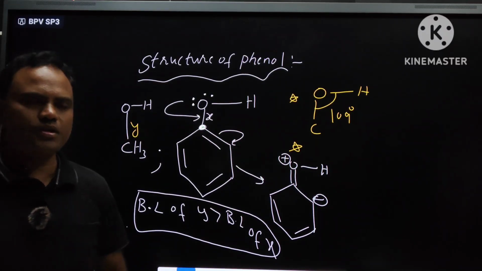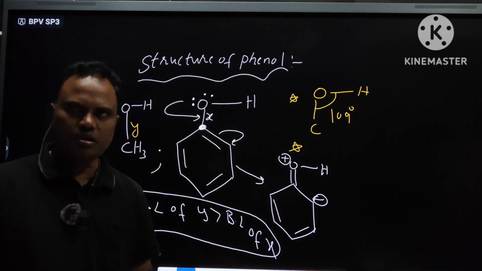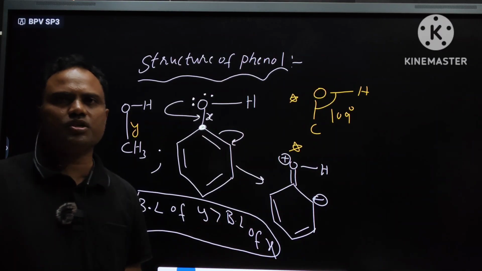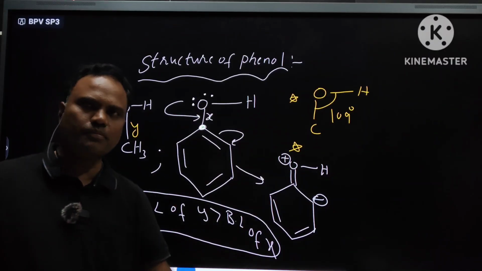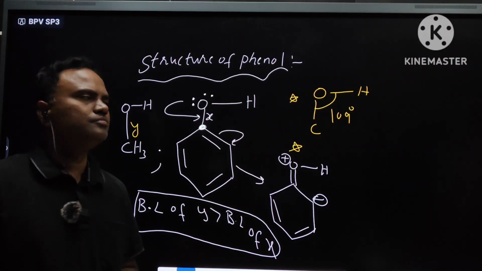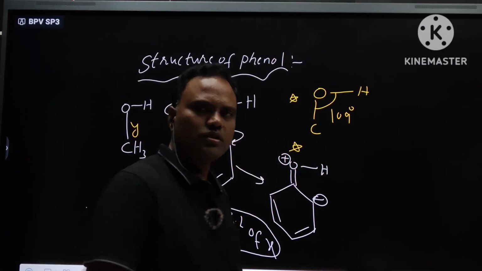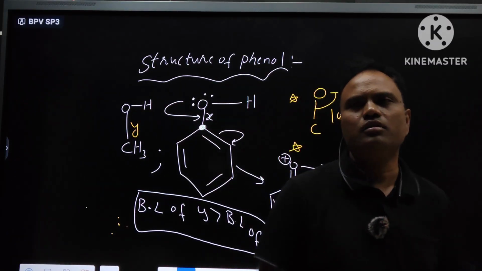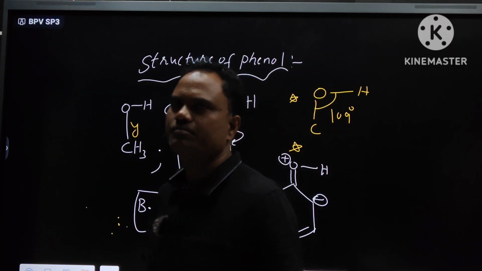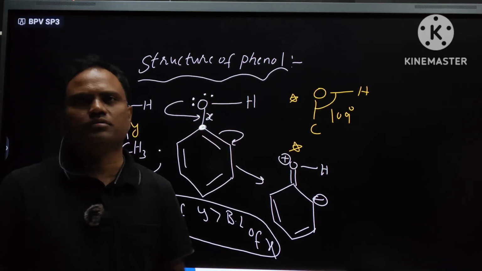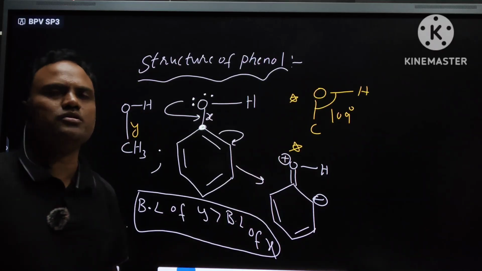Actually, I am teaching first year basic concepts now, because in some chapters first year topics will come again. For example, the ozonolysis reaction is there in first year alkenes and also in the third chapter of second year organic. Some topics are common. Similarly, acidic nature is also common. It is in GOC and it is in the phenol chapter also. Clear?